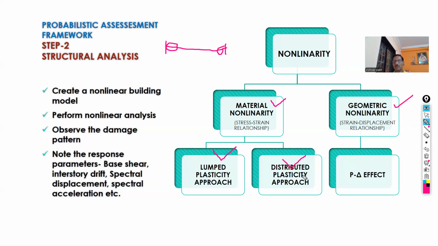In the case of distributed plasticity, the second option, we assign the nonlinearity for the complete length of the member. If it is a beam, assign the nonlinearity for the complete length. If it is a column, assign the nonlinearity for the complete column. So this is about the material nonlinearity.